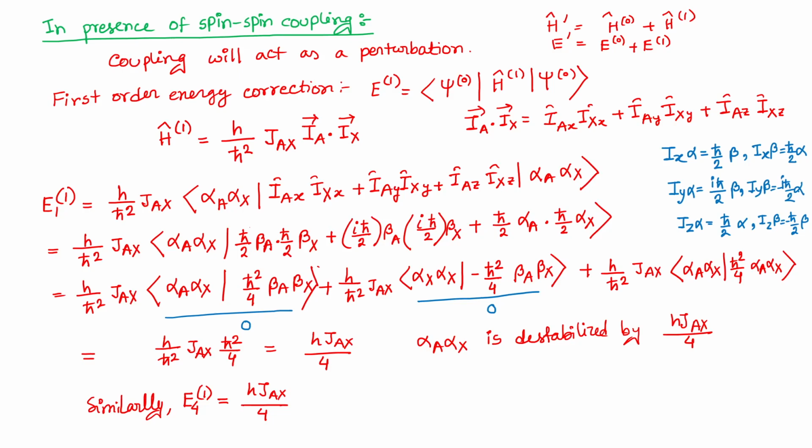Beta will become alpha, alpha will become beta. Beta A will become alpha A, beta X will become alpha X. So those are not eigenvalue equations.